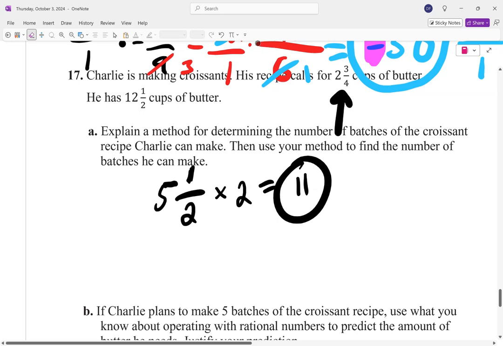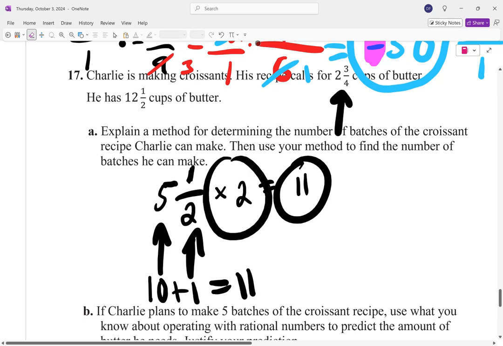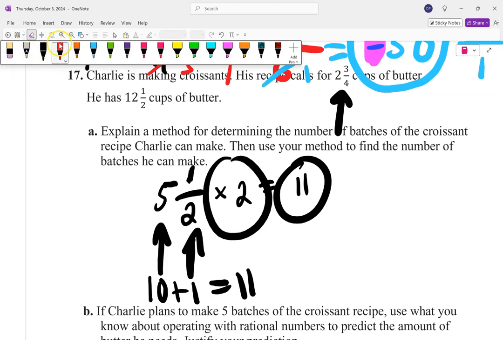So that obviously goes in twice, because 2 times 5 1/2 is 11. Why? Because 2 times 5 is 10, and 2 times 1/2 is 1. 10 plus 1 equals 11. I guess I can do that the long way to prove it to you, if you really want. So 5 1/2 times 2.